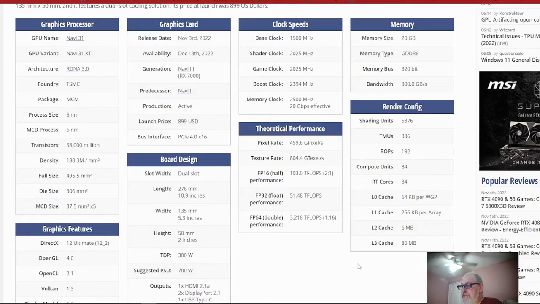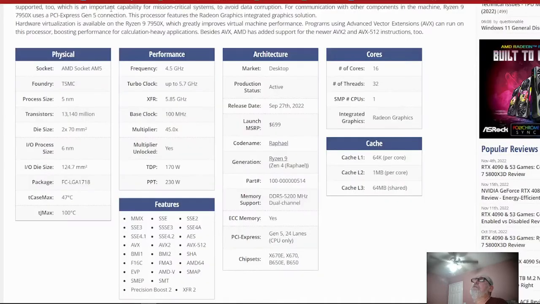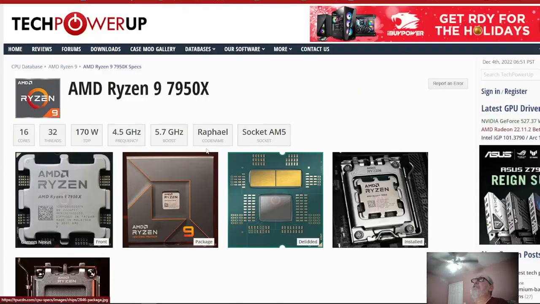If you match AMD's 7900, the 7900 XT or the 7900 XTX, with the AM5 series 7950, okay, the 7950, you will get a higher boost in performance with these two coupled together.